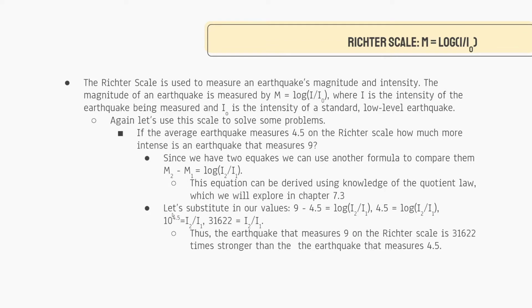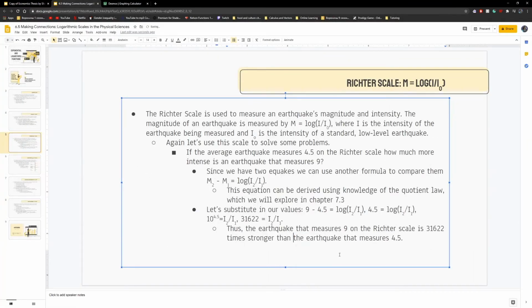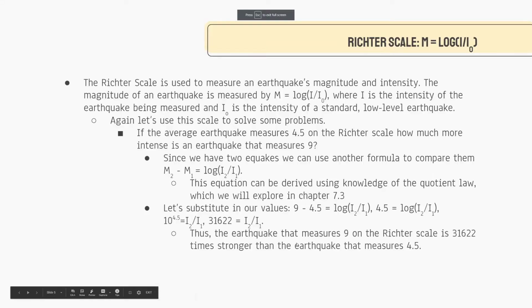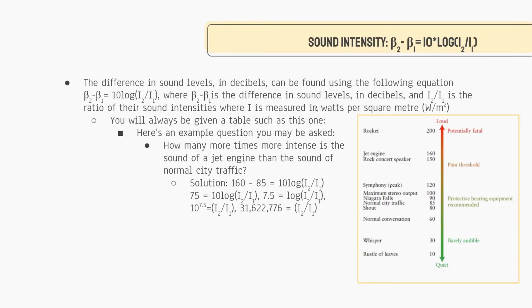Rewriting this in the exponential form, we get 10 to the power of 4.5 is equal to the relationship that the two values have, and then 10 to the power of 4.5 is 31,622. Therefore, the earthquake that measures 9 on the Richter scale is 31,622 times stronger than the earthquake that measures 4.5. With that being said, that is as difficult as these questions will get, so let's move to the next one.